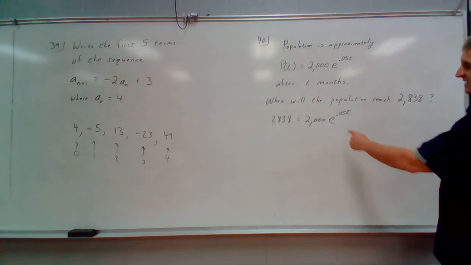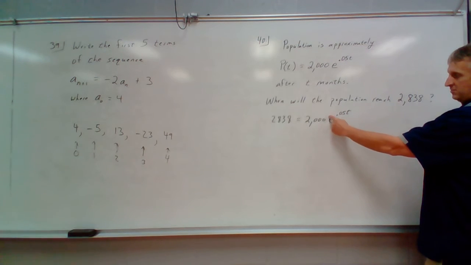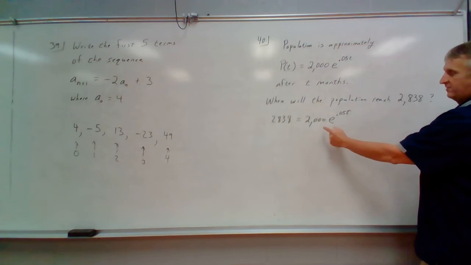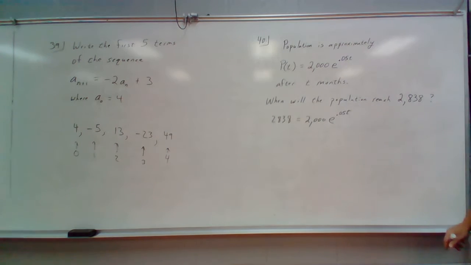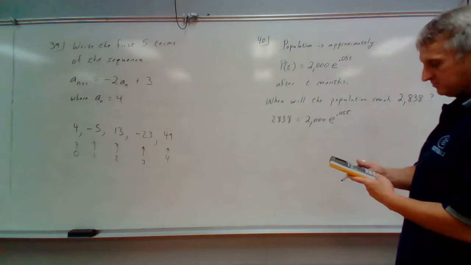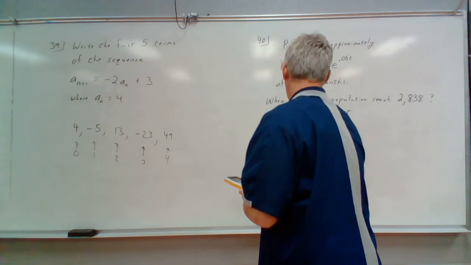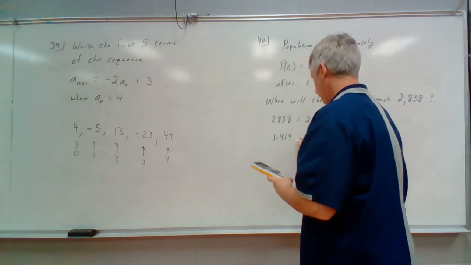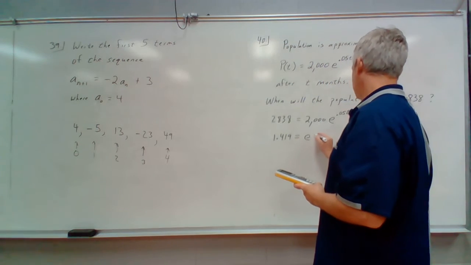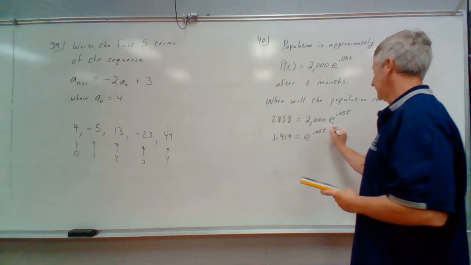All right, so to solve this, I need to isolate this part, the e raised to the variable. So I'm going to divide both sides by 2,000. When I divide both sides by 2,000, I use my calculator here, I get 1.419 equals e to the 0.05 t.